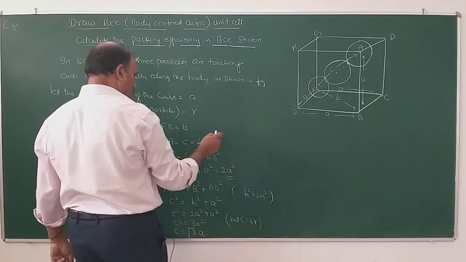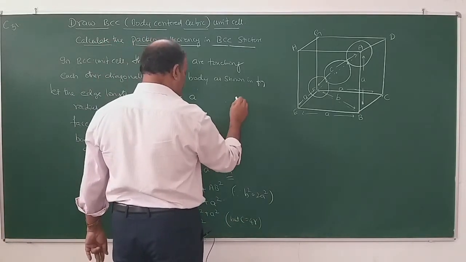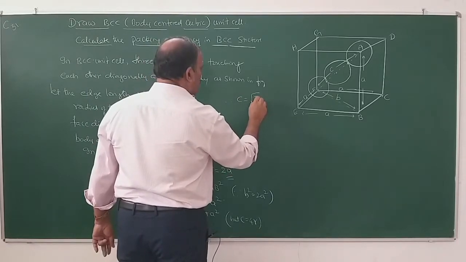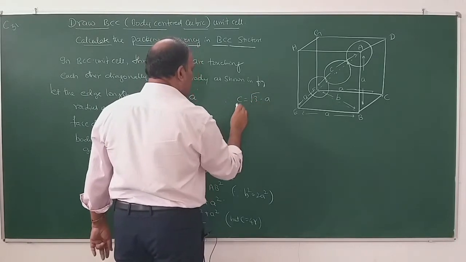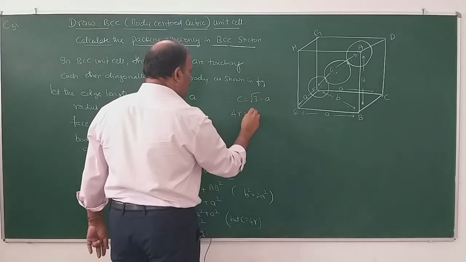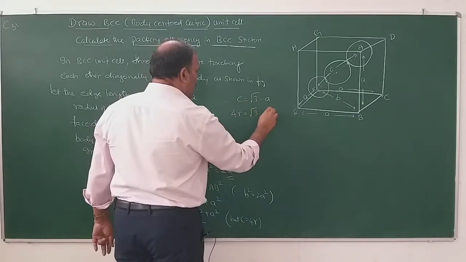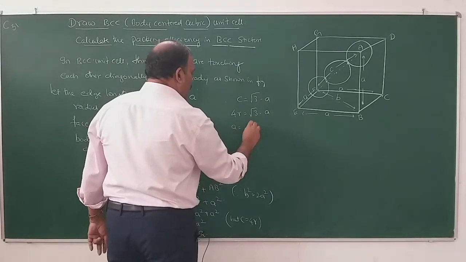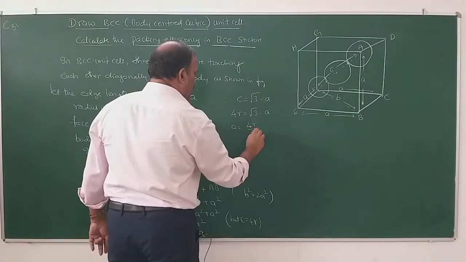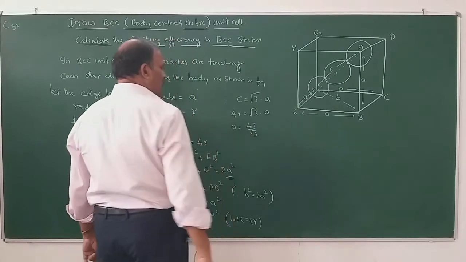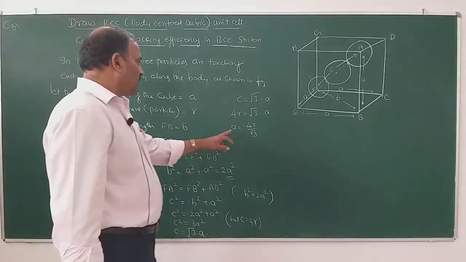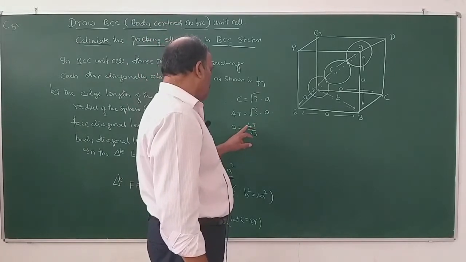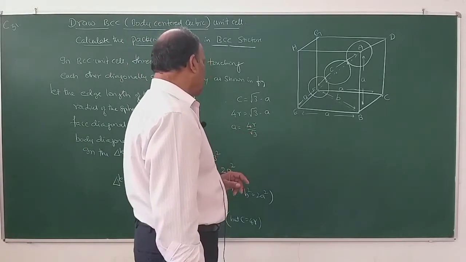So 4r is equal to root 3 into a, or a is equal to 4r divided by root 3. So the edge length in terms of radius is 4r divided by root 3.